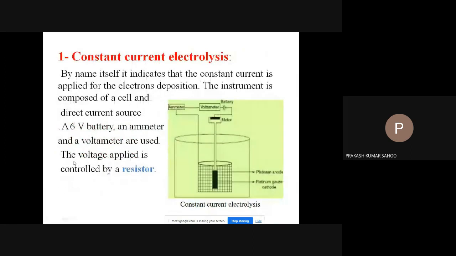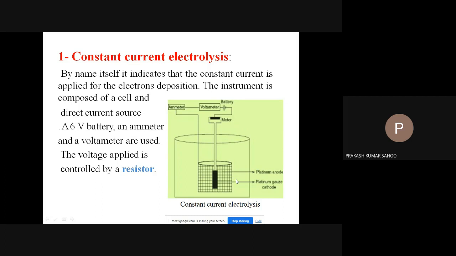In this part we generally use a noble metal, platinum, both as cathode and anode. The platinum cathode is used as a platinum gauze, which is just a net-like structure, and the platinum anode is just a platinum wire. Both are connected through an external battery, and due to a potential difference of around 6 volt, with the control voltage maintained with the help of a resistor, the metal ion dissolved in the solution gets separated.